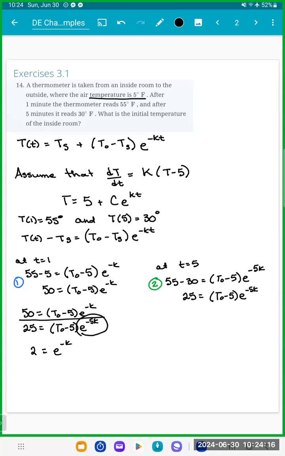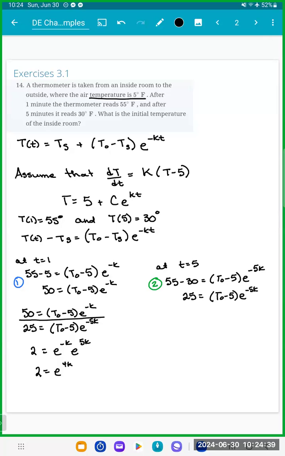We're going to move this one up to the top so that e to the minus 5k becomes e to the positive 5k, right? And so when we combine those, we get 2 equals e to the 4k.